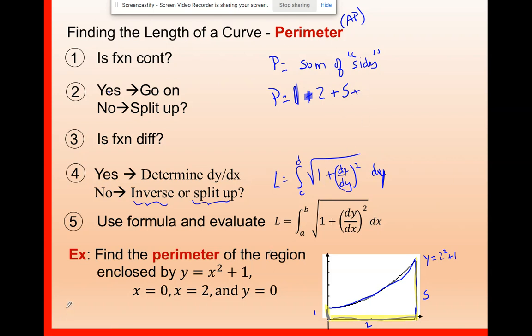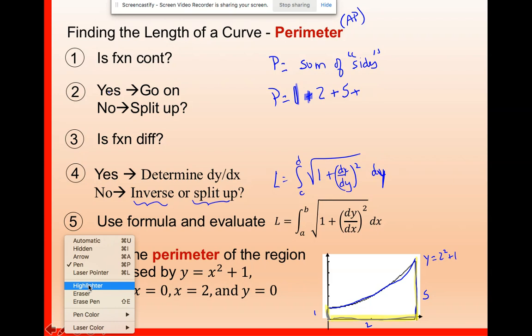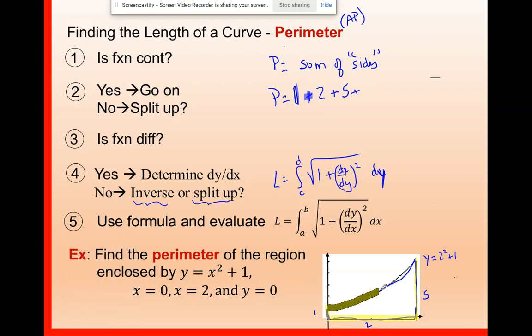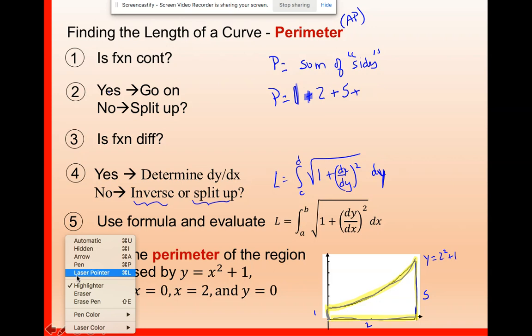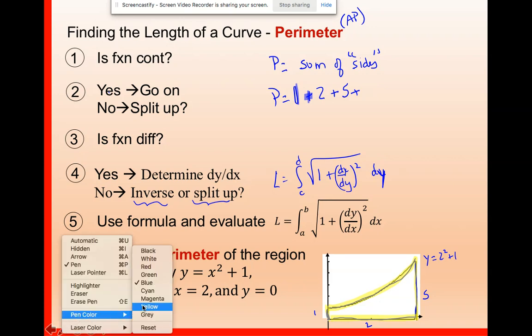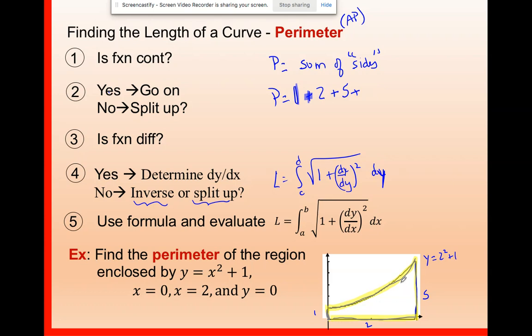Plus a side that's not straight. How do you get the length of that curve? The length of the curve comes from our arc length formula. I have no differentiabilities there. So the square root of 1 squared, if you want to help remembering the squared, y prime squared dx, starting at 0 and stopping at 2.